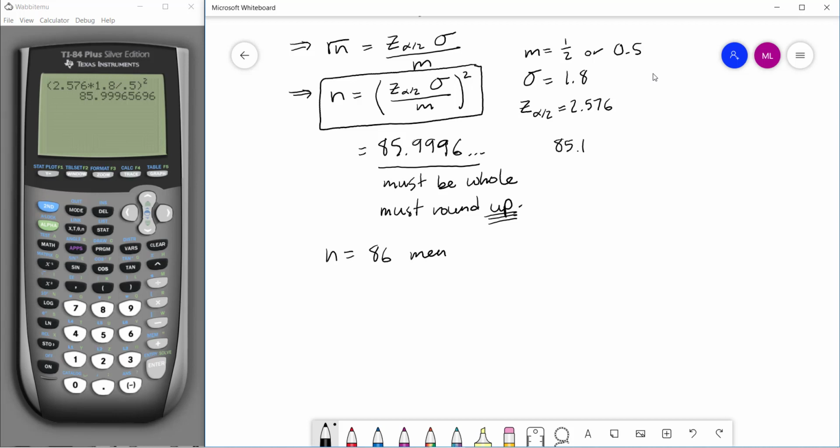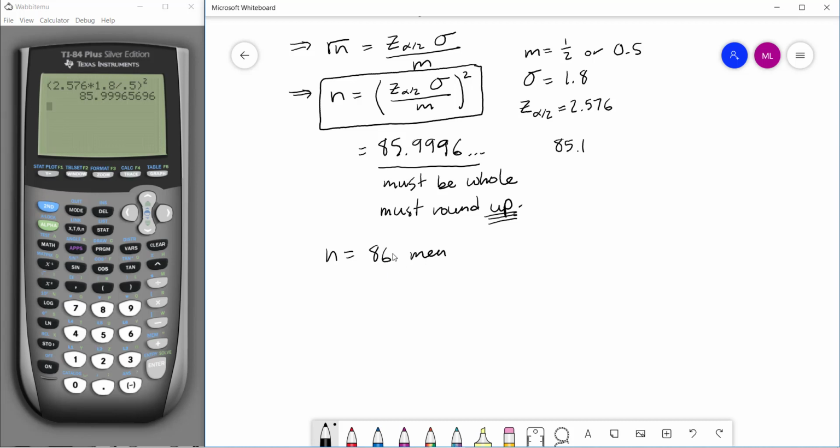But it's not okay to say I can get it within half a shoe size if we're not quite getting there. If I can only get it to be within 0.51 shoe sizes, it's not okay to say I can get it within half a shoe size. But if I can get it within 0.49, then it is okay. And that's what rounding up versus rounding down does. Rounding up always ensures that we're going to be getting even better results than we're necessarily promising.